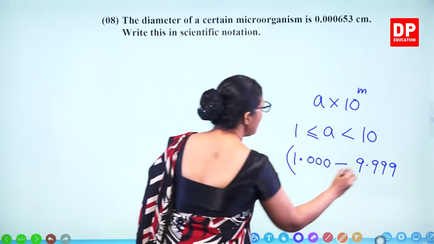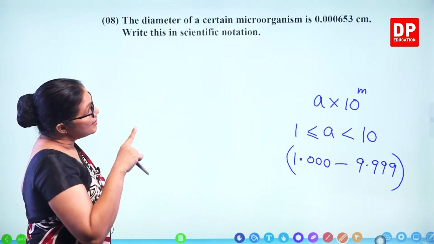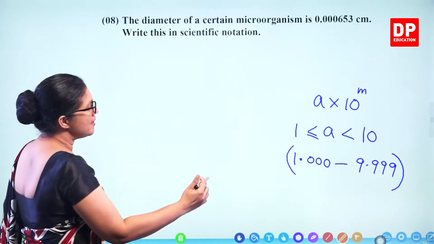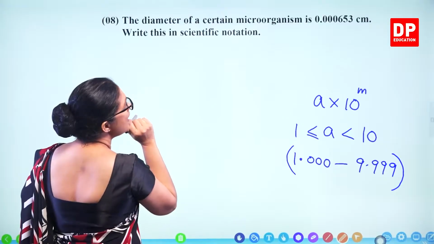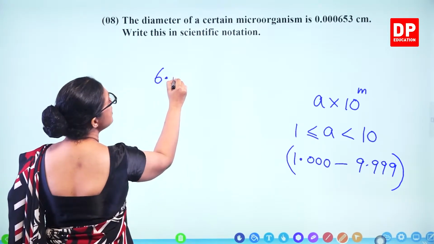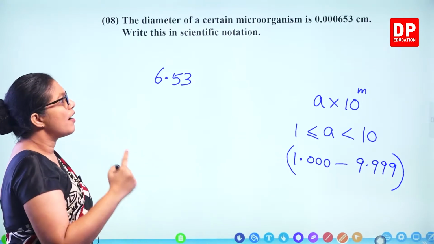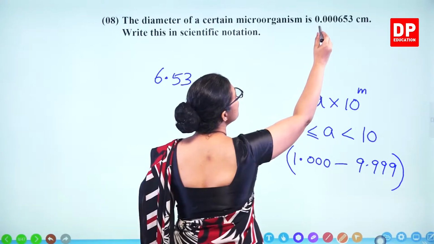So we'll write down this number. Because this is smaller than 1, you have to put it inside the range. So what's the number less than 10? 6.53. You can't write 0.6, you can't write 65. Then how many places do you have to move?